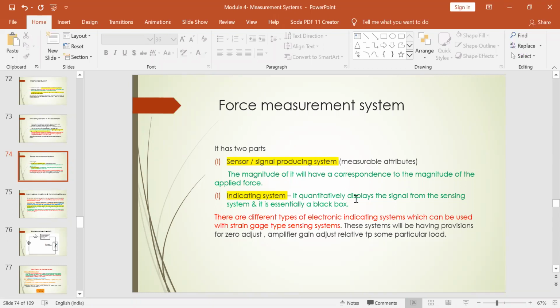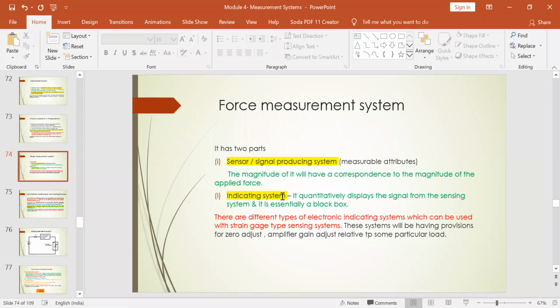The sensed input signal will be displayed quantitatively, and the display in which it is being done is essentially a black box. It is a device which displays the data read. So it will be in our modifying unit, which we call the modifier or second stage transducer element.